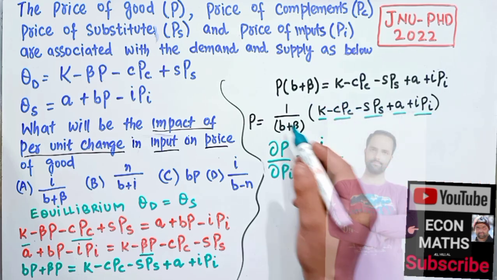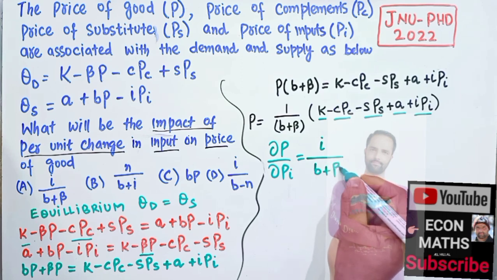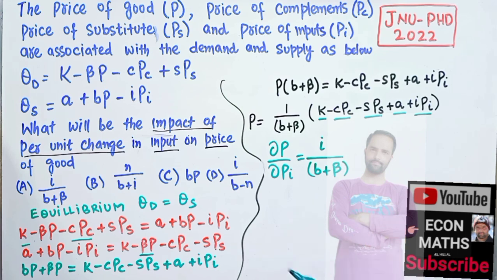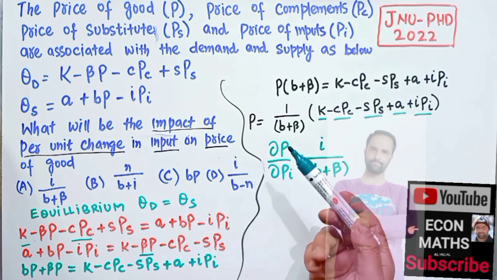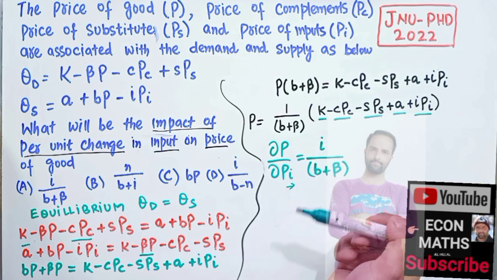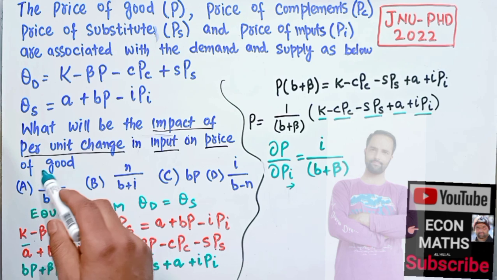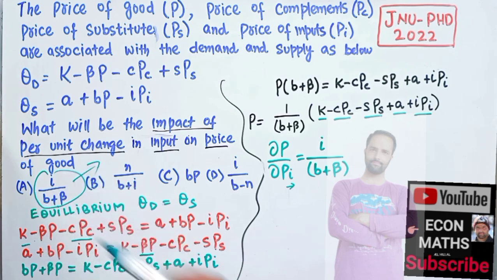To this we have to divide this B plus beta. Okay, so this will give us the impact of per unit change in the input prices on the price of goods, that is I upon B plus beta. Let's see. Yes, we have one option here.